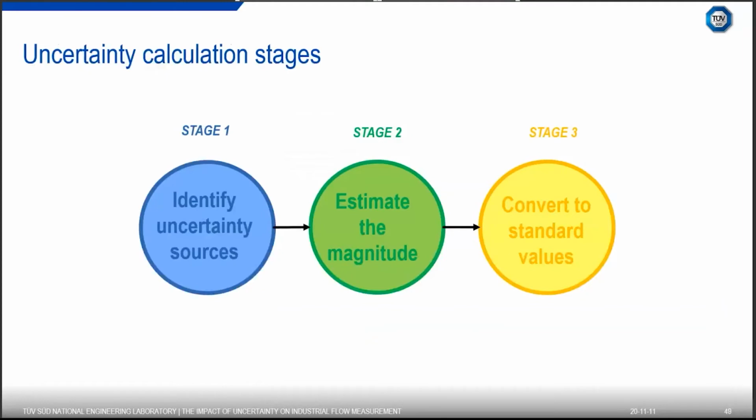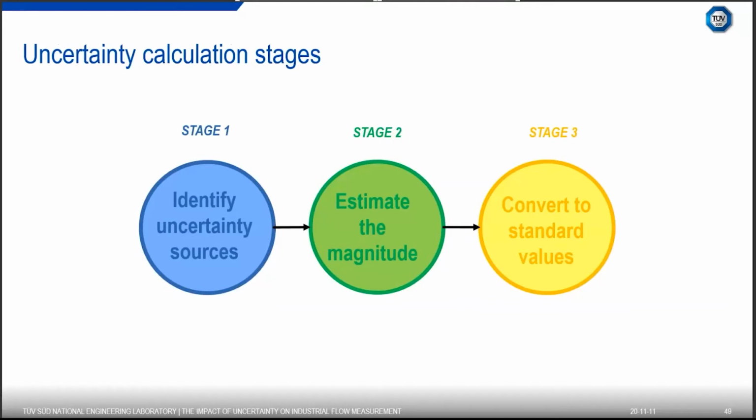First of all, we identify all of the uncertainty sources that we think contribute to this parameter. So for using an equation to calculate something, all of the terms that are in the equation, we need to assess whether these have uncertainty or whether we need to calculate uncertainty for these. We then estimate the magnitude.